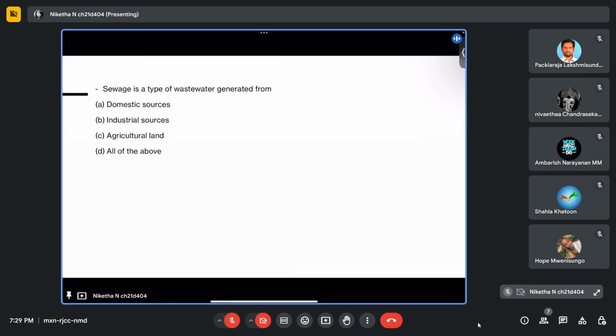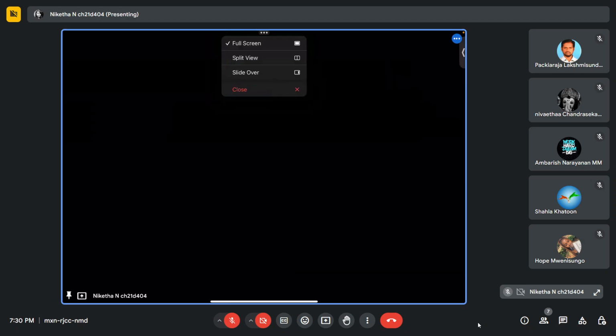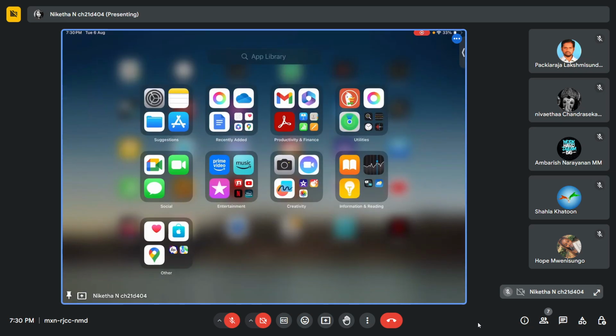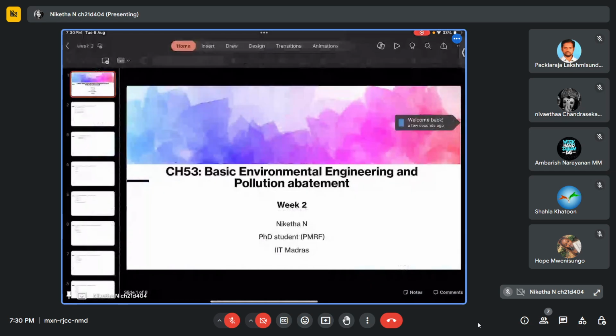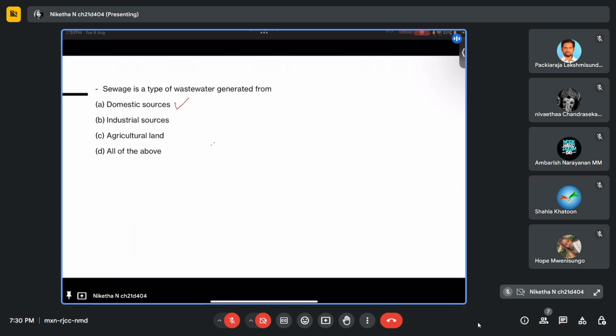Yeah. Sewage is a type of wastewater which is generated from domestic sources, specifically the wastewater that is coming from households and homes. It is called sewage, municipal sewage.